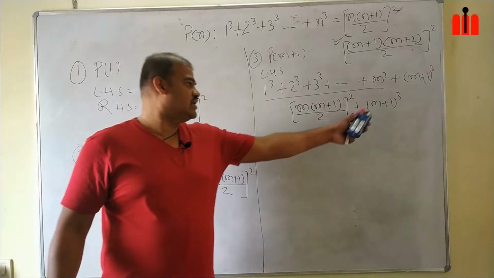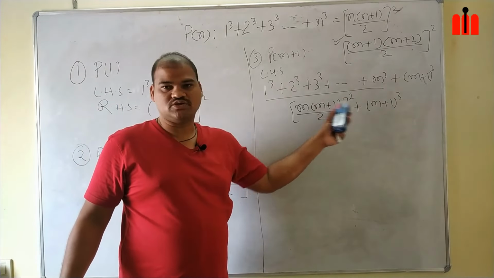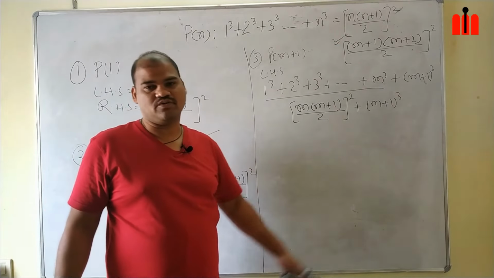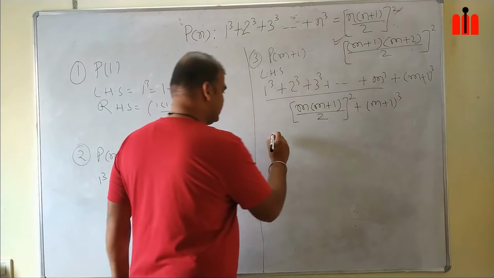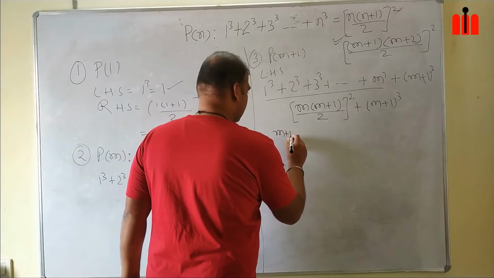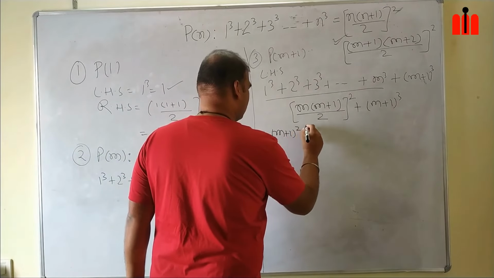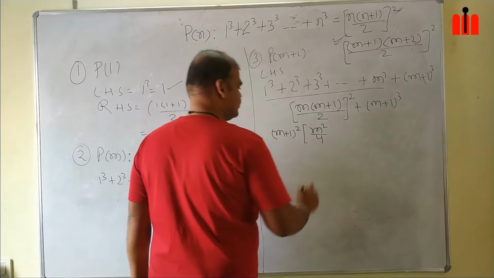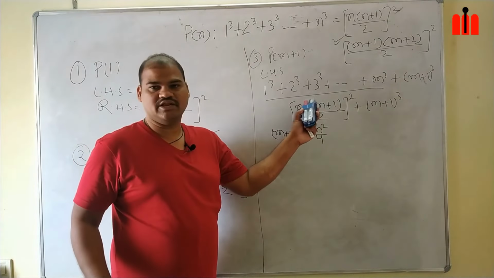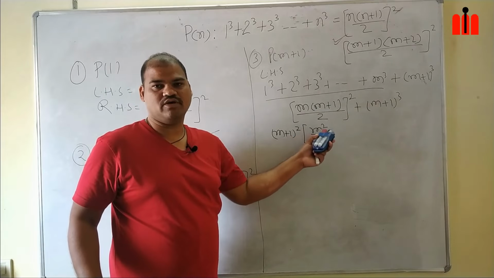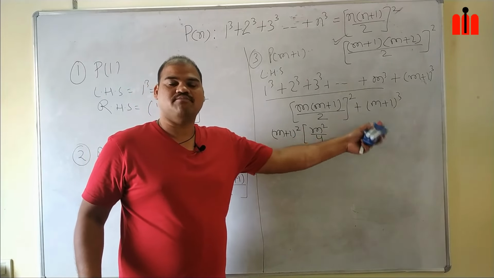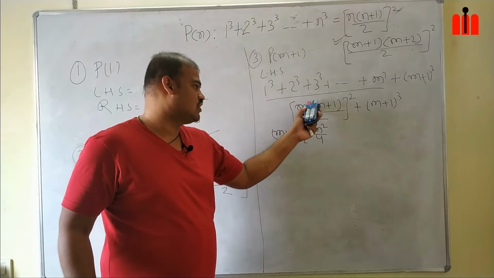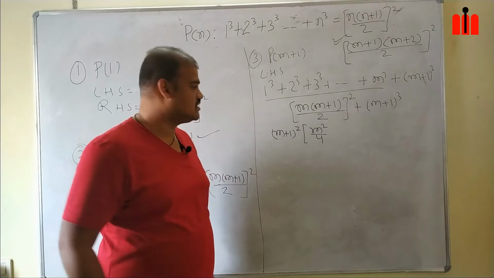Now in these two, m plus 1 whole square is common. If I take m plus 1 whole square common, I will be left with m square by 4, just squaring this. So you get m plus 1 whole square into m square by 4 plus m plus 1 whole cube. So m plus 1 whole square is common, and you are left with m square by 4 in this.